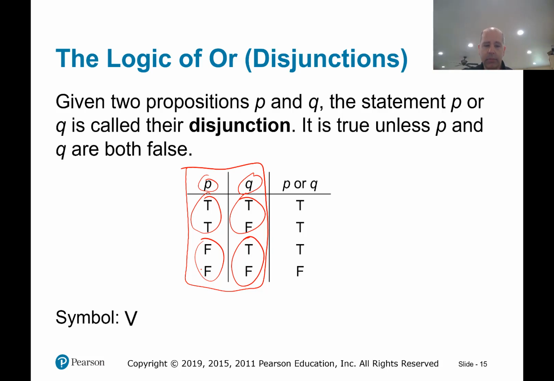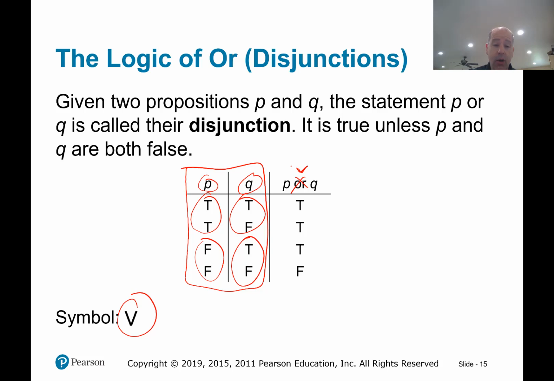Okay, now the symbol for or is the V, right? So it's the opposite of what the and was, right? The and was the caret, and so the symbol for or is the flip of it, right? So instead of writing or, we would just write the little v. Okay.